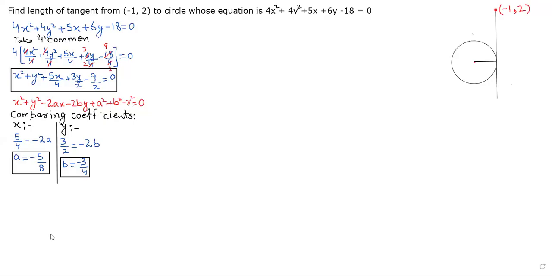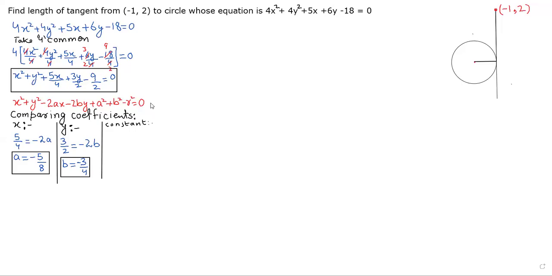Now I'm going for the constant comparison. Comparing constants. In the blue equation, in the box, what is the constant?